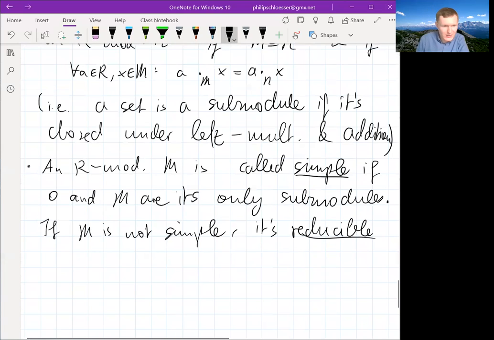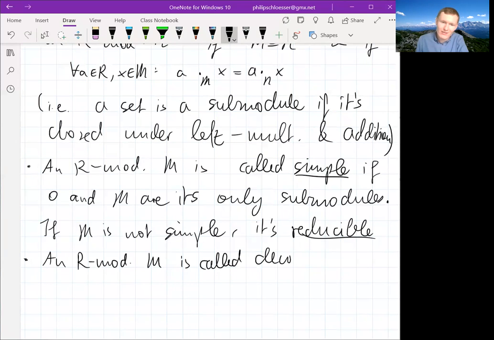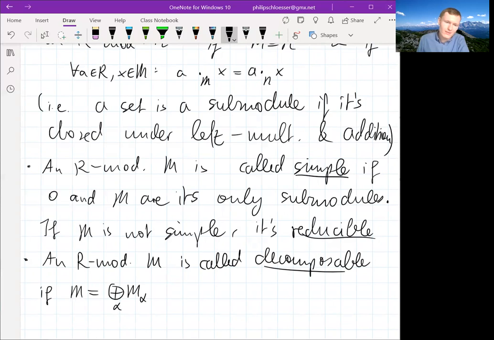And one last notion, and I guess the veterans of group theory are already seeing this coming. An R module M is called decomposable, or I guess completely reducible, if you can write it as the direct sum of simple modules.